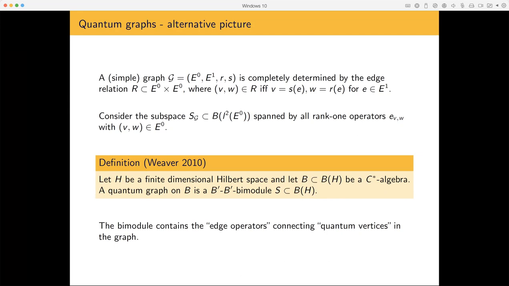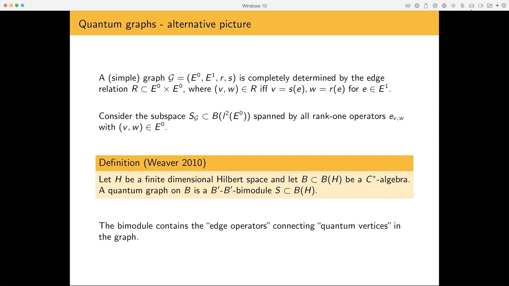So how do you visualize B prime? B prime is just B in this case. The commutant of the multiplication operators are again multiplication operators, diagonal operators, if you like. And the space of all these edge operators is closed under multiplication by such operators. So therefore it forms a bimodule.